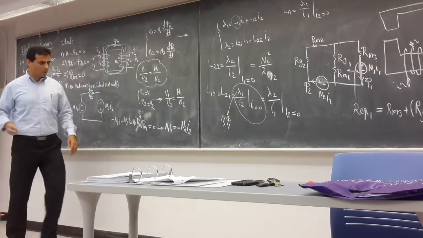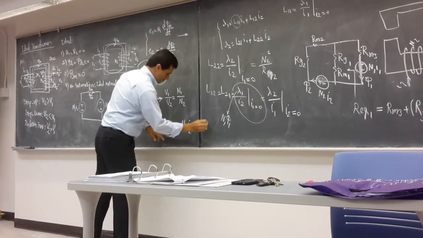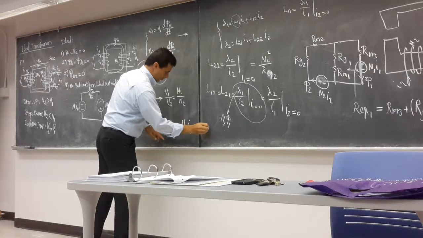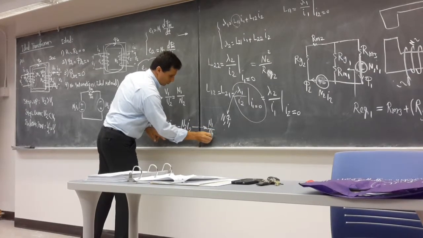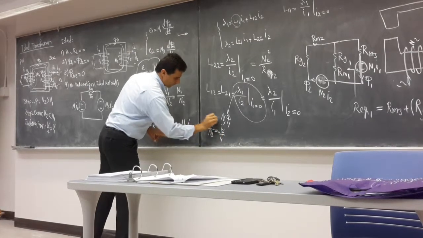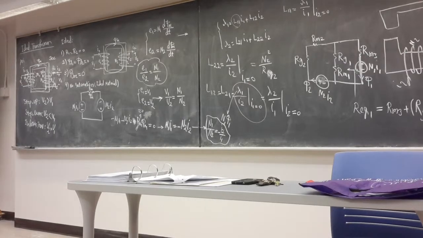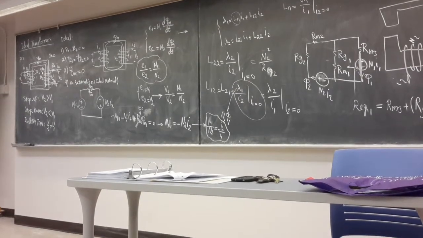Minus N2 I2. Or, I'm going to put it here. N1 over N2 is going to be minus I2 over I1. N1 over N2 is minus I2 over I1.